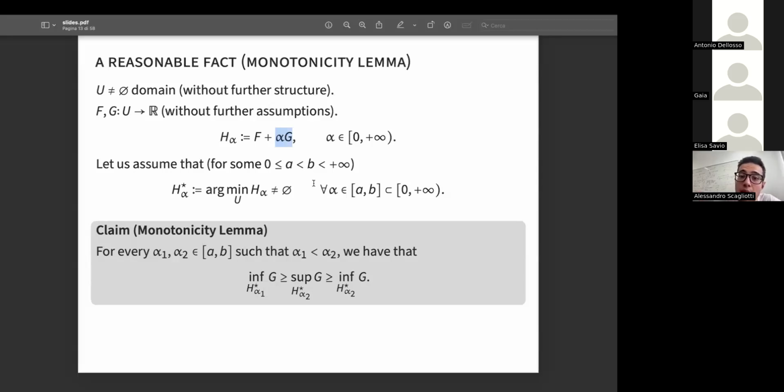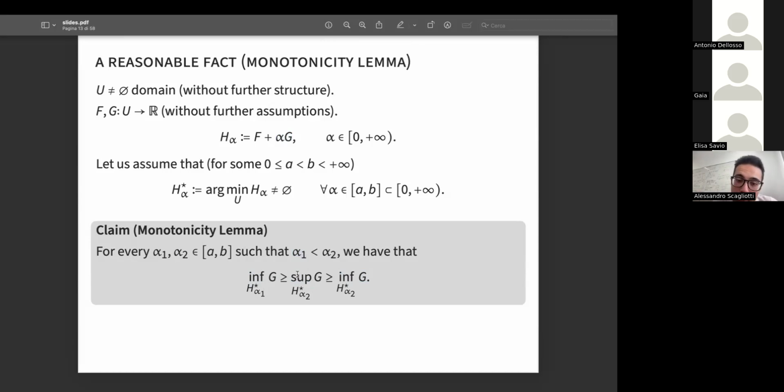So what we expect is that on the minimizers, if alpha 1 is smaller, the value of G will be bigger, because we are giving less importance to the minimization of G. This is precisely what is claimed in this chain of inequalities.